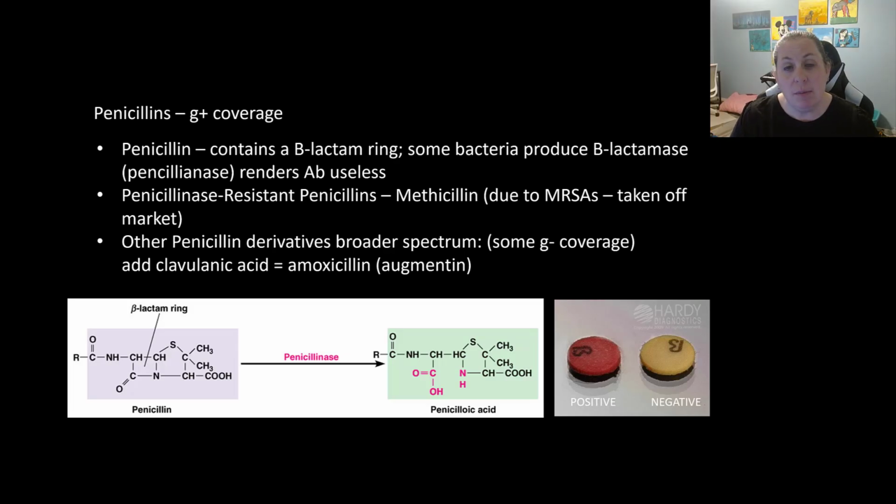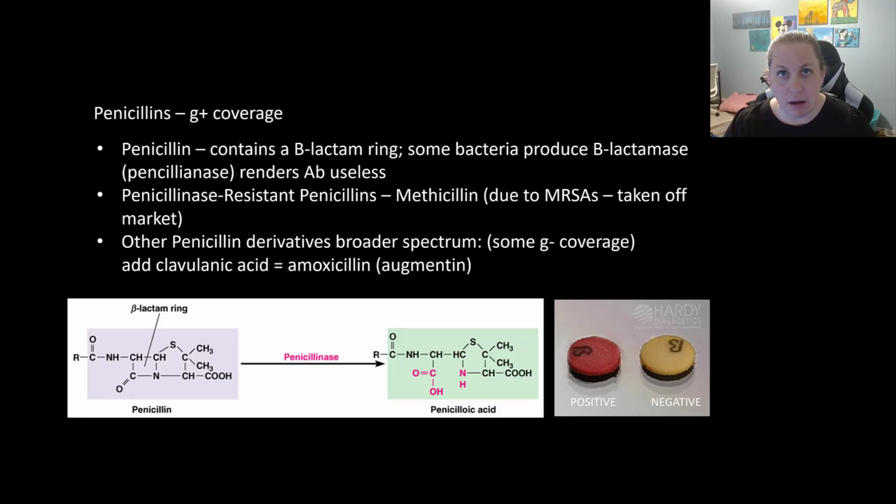So let's talk in a little more detail about the penicillins. Penicillins are really good against gram-positive bacteria, so they have good gram-positive coverage. We do see that penicillin contains what we call a beta-lactam ring, and you can see it here in the picture, in the purple.